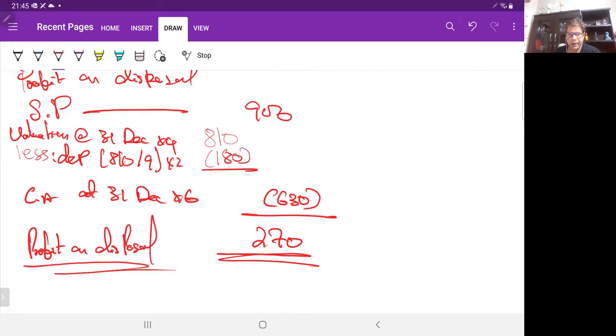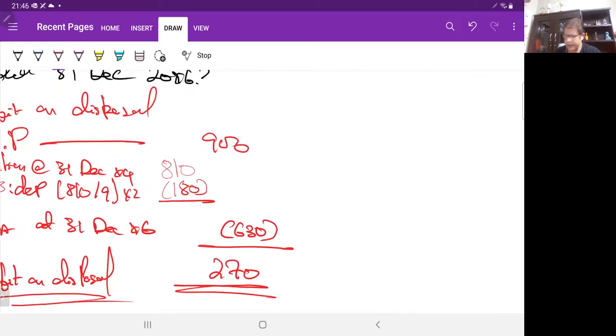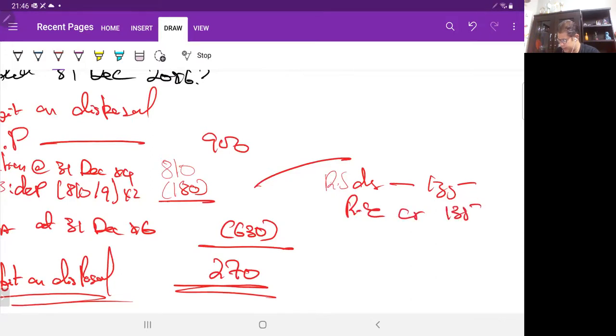Now the transfer of the remaining balance on revaluation reserve: revaluation reserve will be debited by 135, and retained earnings will be credited by 135. I hope you get it till here.